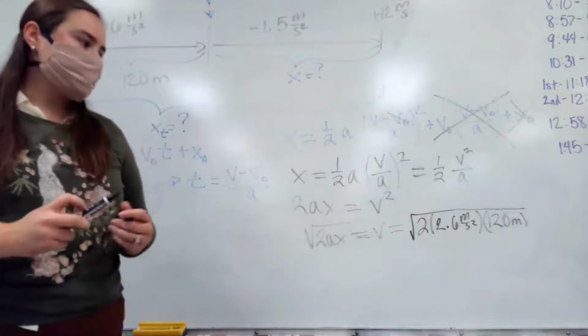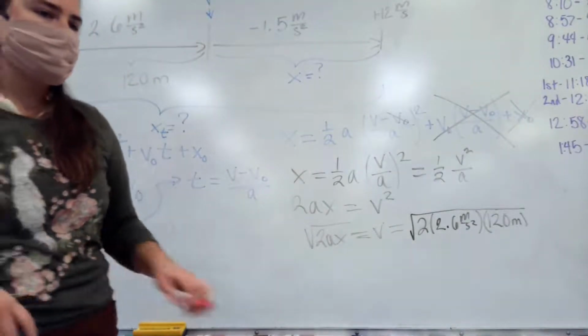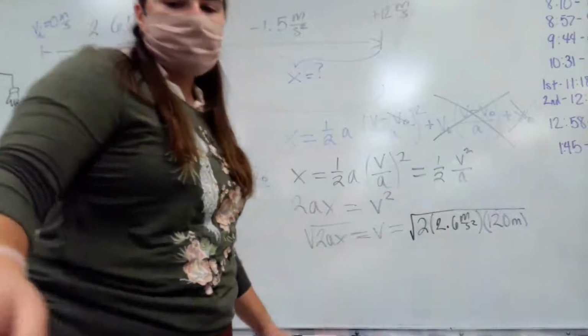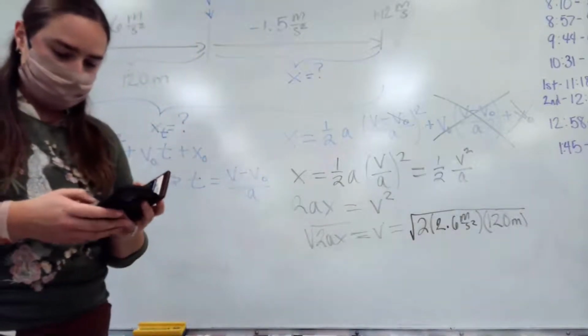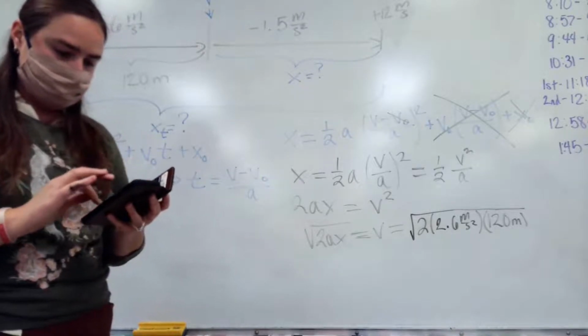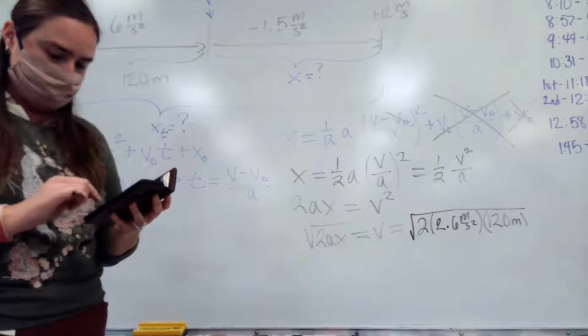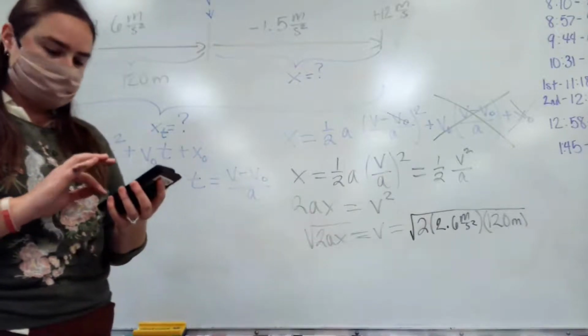All right, so we get the square root of 2 times our acceleration of 2.6 meters per second squared times 120 meters. What do we get for that? You guys have your calculators? I know.